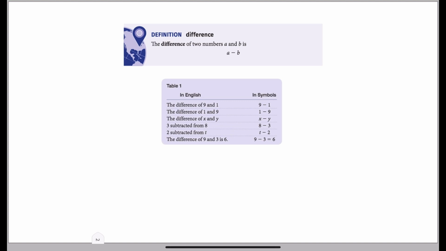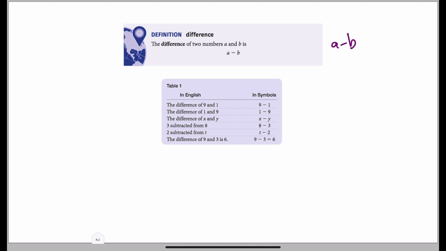We can say things like A minus B, or we can say B subtracted from A. But in mathematical terms, what we like to think of it as is the difference of A and B. So it's the difference of two numbers, A and B. And whatever result we get when we do the subtraction is called the difference.